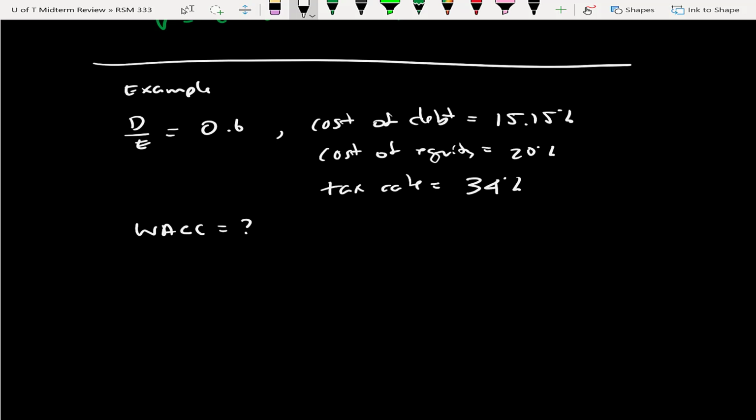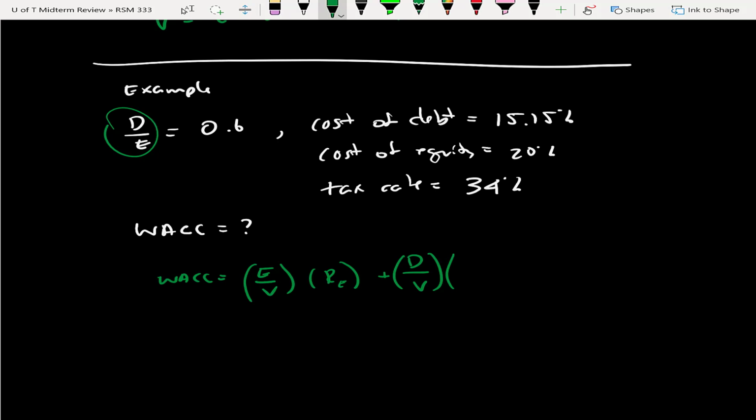We're pretty much given most of the stuff here. We just have to transpose this into something else. So the WACC is equal to equity over value times the cost of equity plus debt over value times the cost of debt times 1 minus the tax rate.